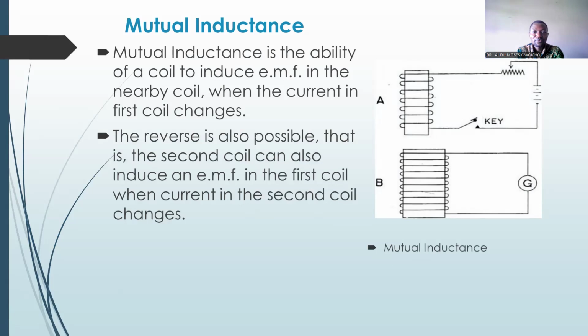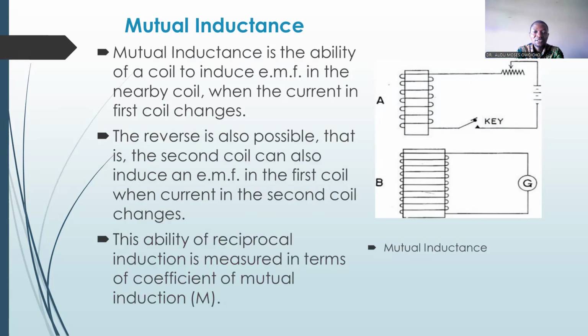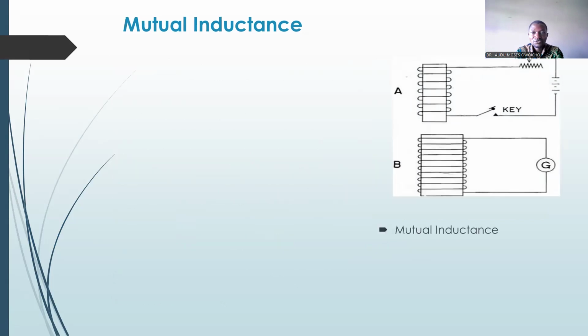The reverse is also possible. That is, the second coil can also induce an EMF in the first coil when the current in the second coil changes. This ability of reciprocal induction is measured in terms of a coefficient called mutual inductance.